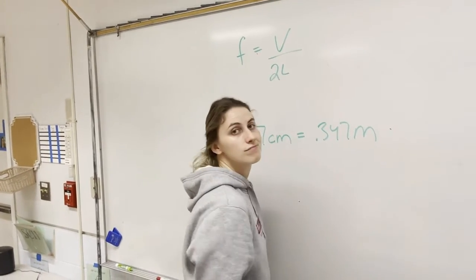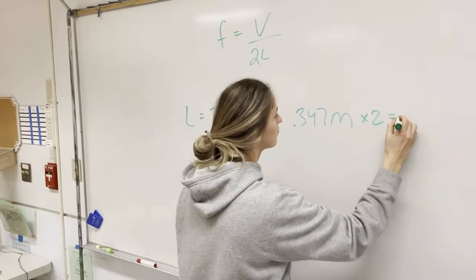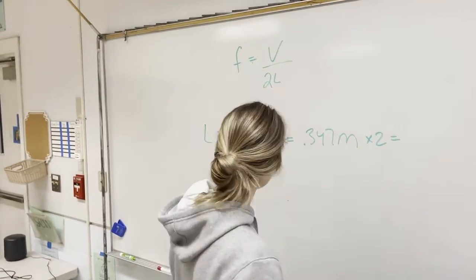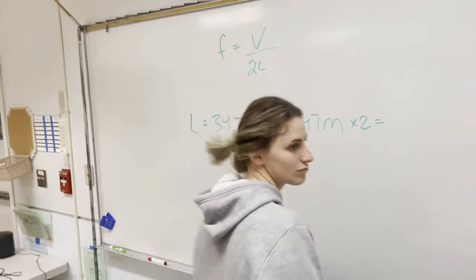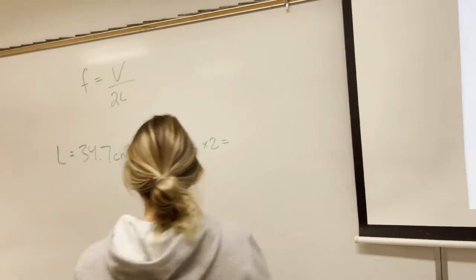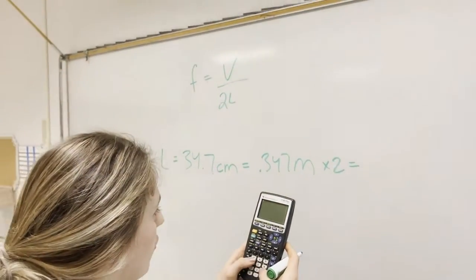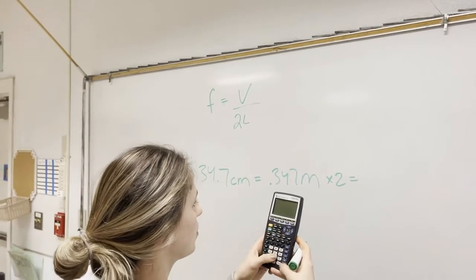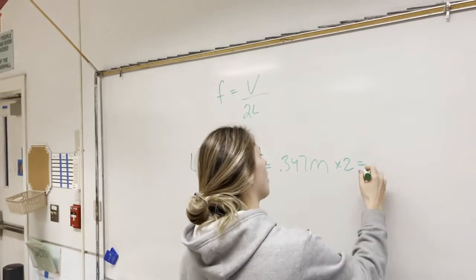Well, multiply it times 2, and we'll use 343 meters per second as the velocity of sound in air. So 0.347 times 2, and I get 0.694.